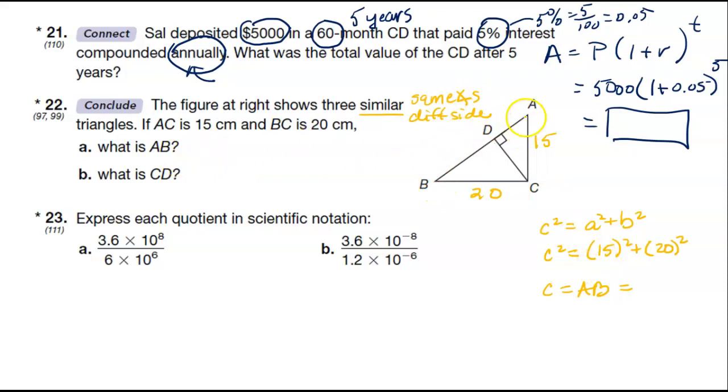And then what is CD? So once I have this, C, what is AB? I did that. Oh, and then you have similar. I see. So then they ask you for this. Okay. So here's what we know.